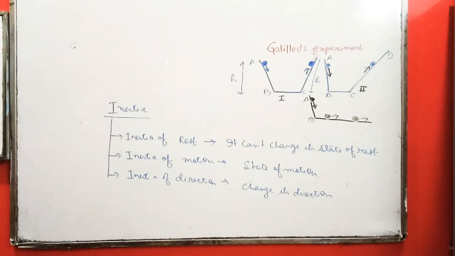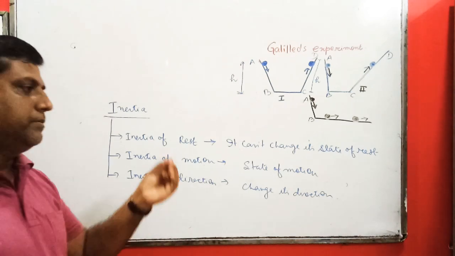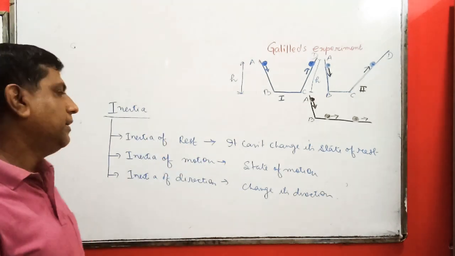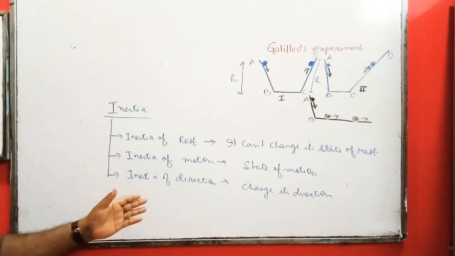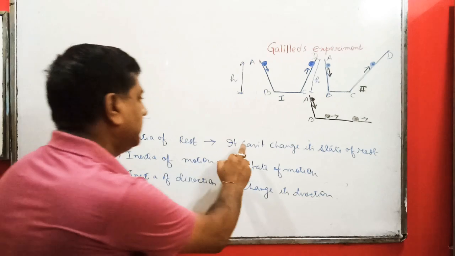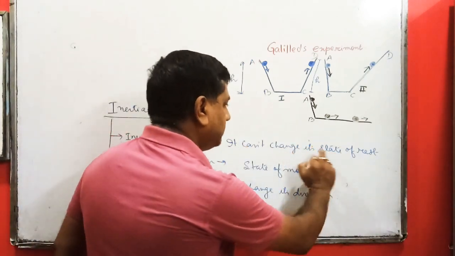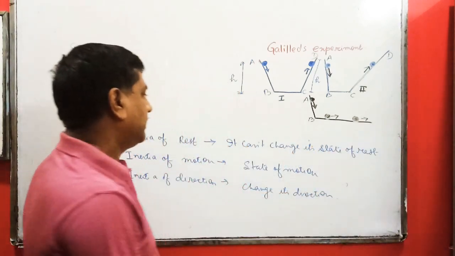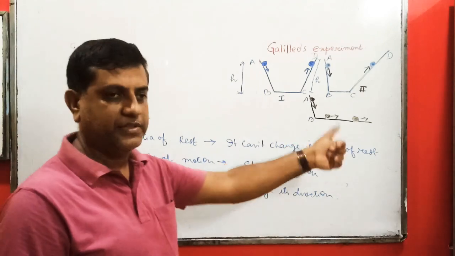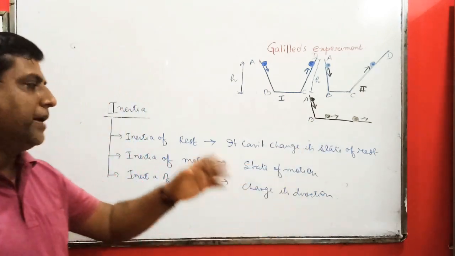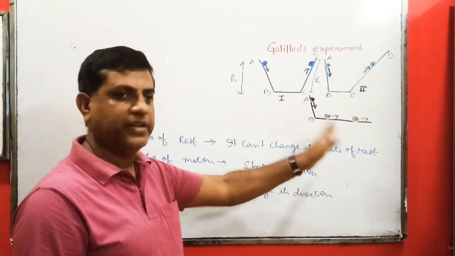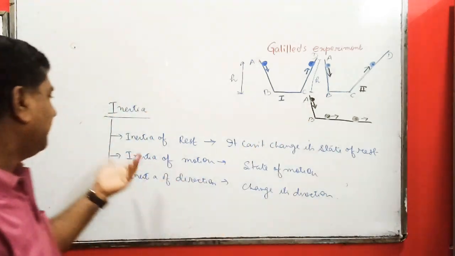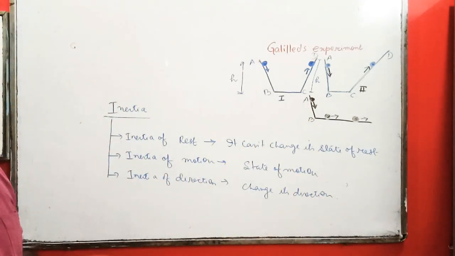The inherent property of a body, inherent means permanent property, existing property, by virtue of which it cannot change its state of rest. Or you can say tendency of a body to remain at rest.